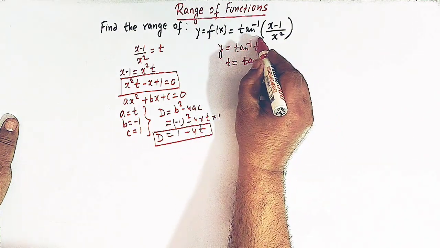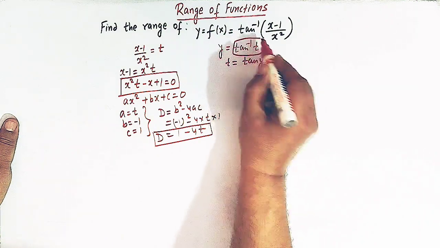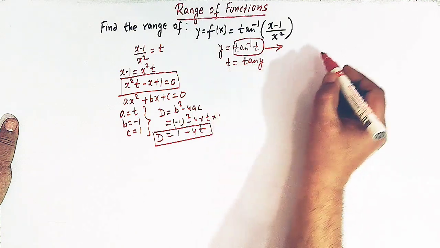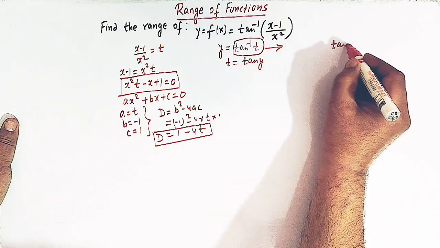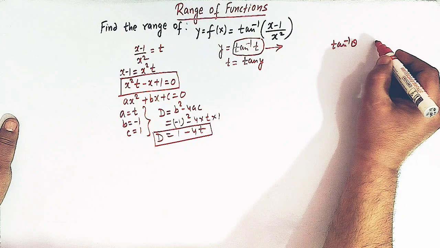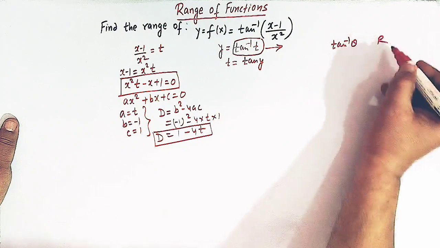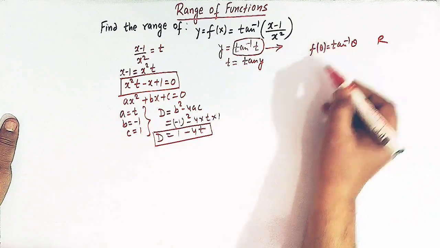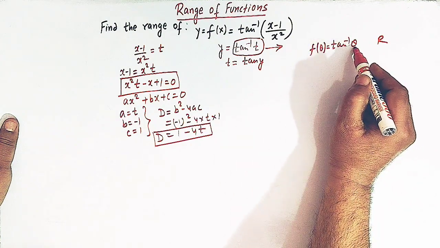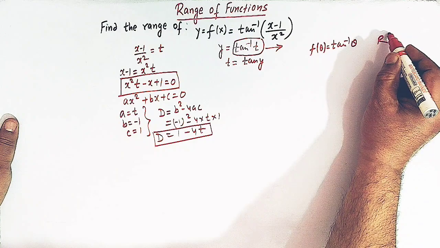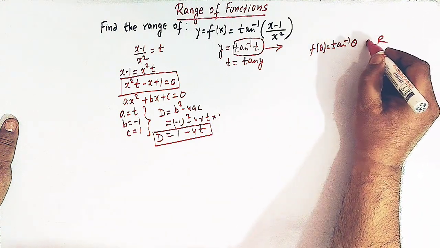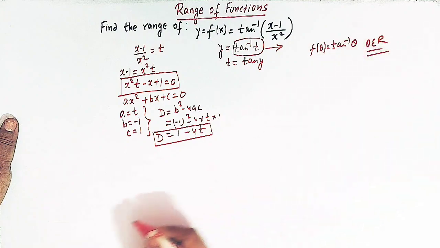Now from this function, we can conclude that the domain of the tan inverse theta function is the set of all real numbers. So the function f of theta, that is tan inverse theta, has the domain as the set of all real numbers, so theta belongs to the set of real numbers.